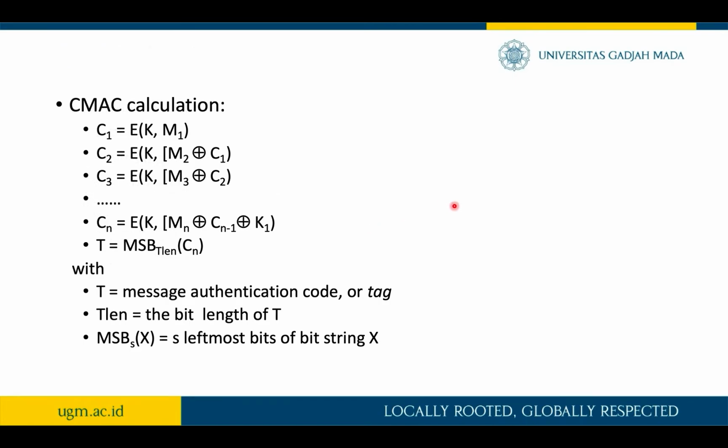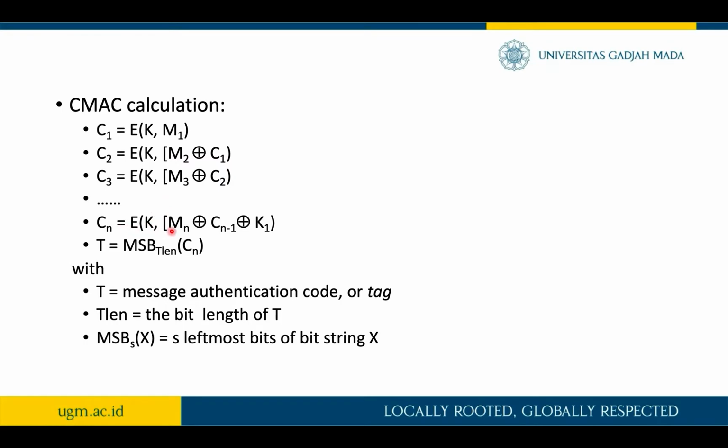Yeah, and this is how we calculate CMAC. First, for block number 1, M1, we do encryption of M1 using the key K. And then for C2, what we do is to XOR first C1 with the second block. So it is chaining again. Again, we encrypt using the key K, and so on.